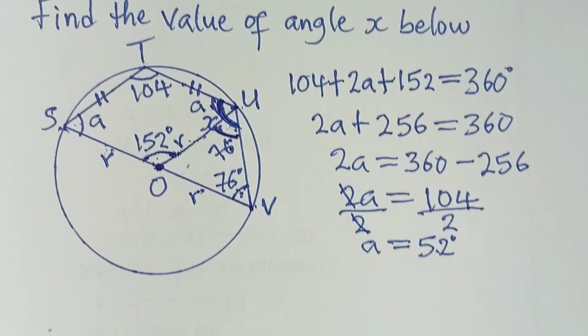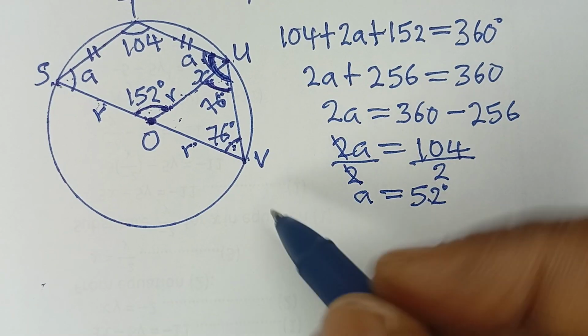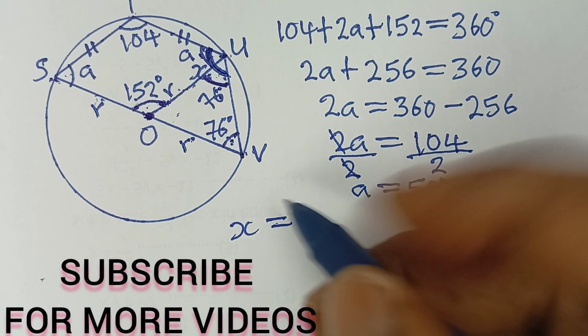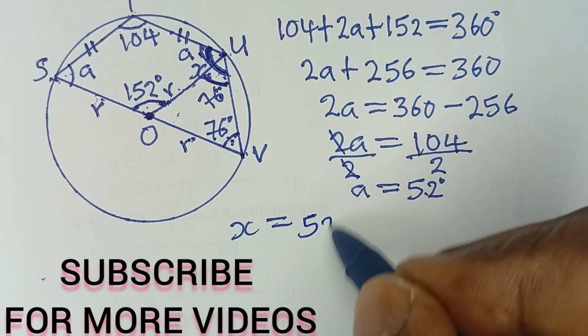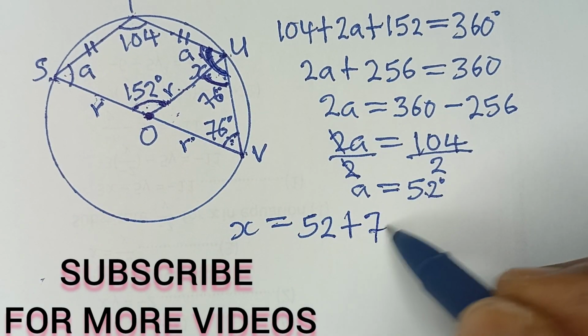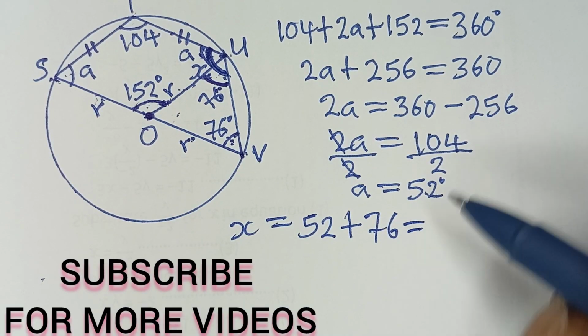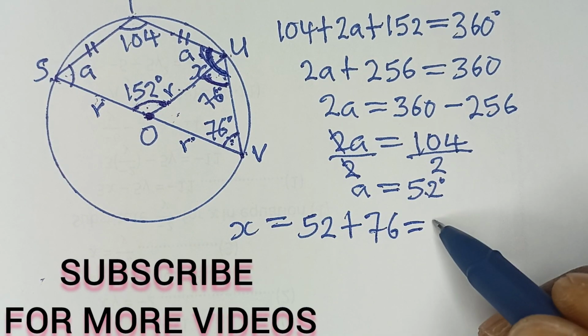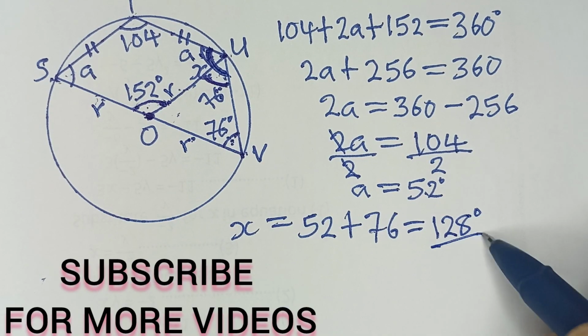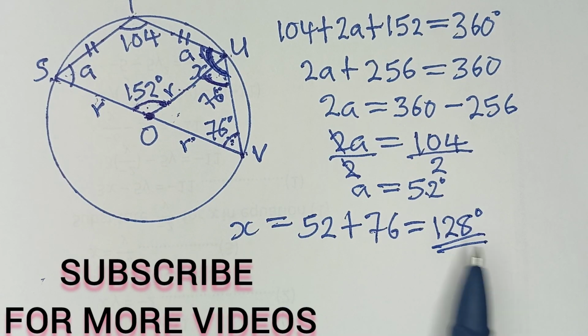So I can simply conclude by saying that X, that is angle X, is equal to 52 plus this other angle here, which is 76. And that will give me 128 degrees as the final answer. So X is equal to 128.